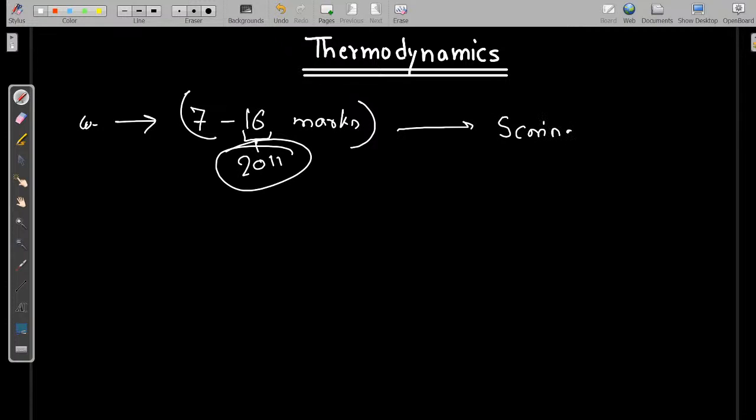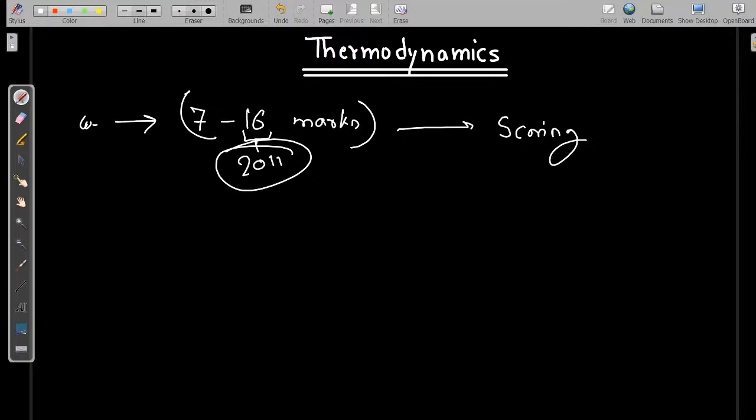All these marks are very scoring. If you have gone through all the basic concepts of thermodynamics, it will be very easy to score the marks, because the syllabus is not that big. It is very compact compared to other subjects where the syllabus is very vast.